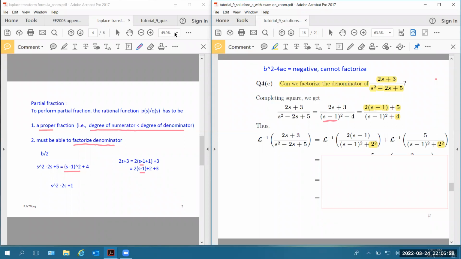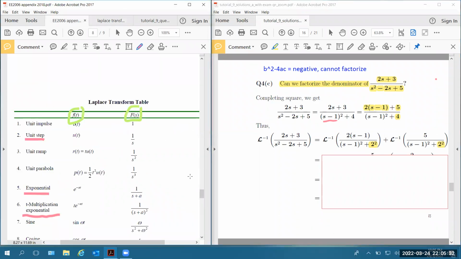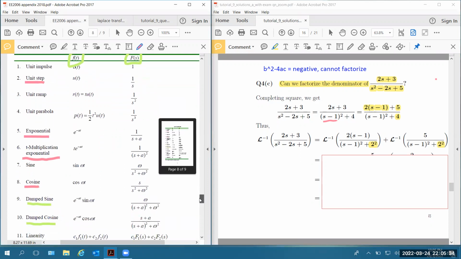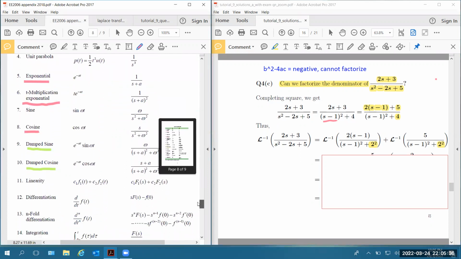So let's go to the Laplace table. Let's talk about the first term first. Which formula fits?